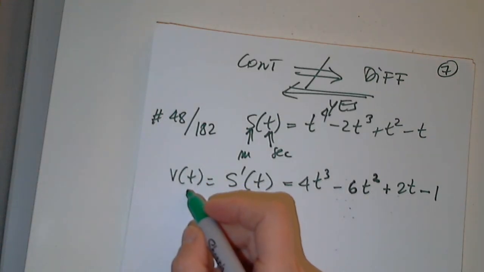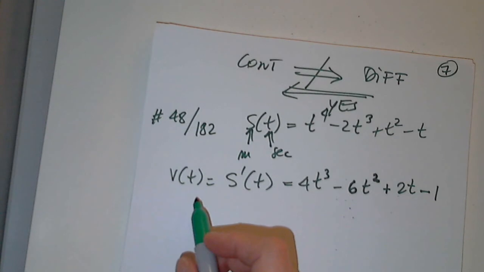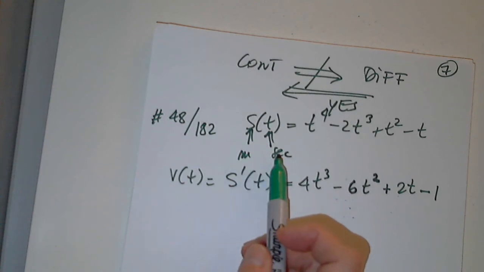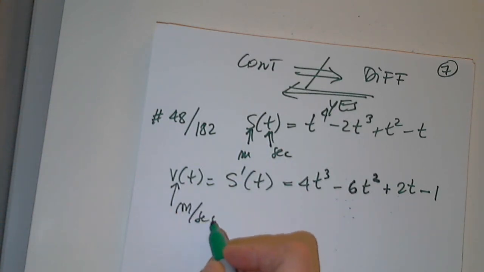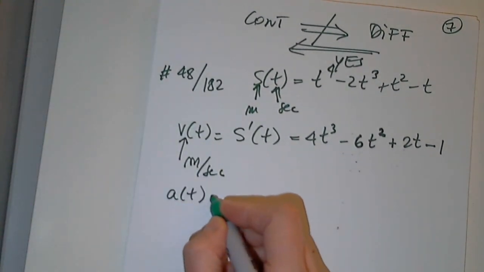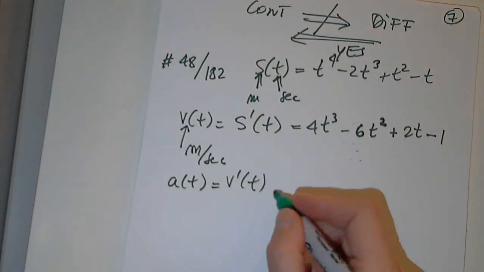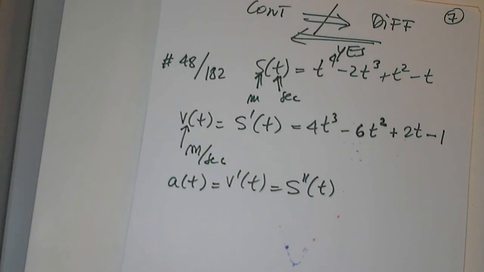Okay, so that's the velocity. The measurement unit, remember, of any rate of change will be a ratio of 2 measurement units. So it's the rate of change of distance with respect to time. So the measurement unit for velocity will be meters per second. Now, the acceleration is the derivative of the velocity or the second derivative of the distance.